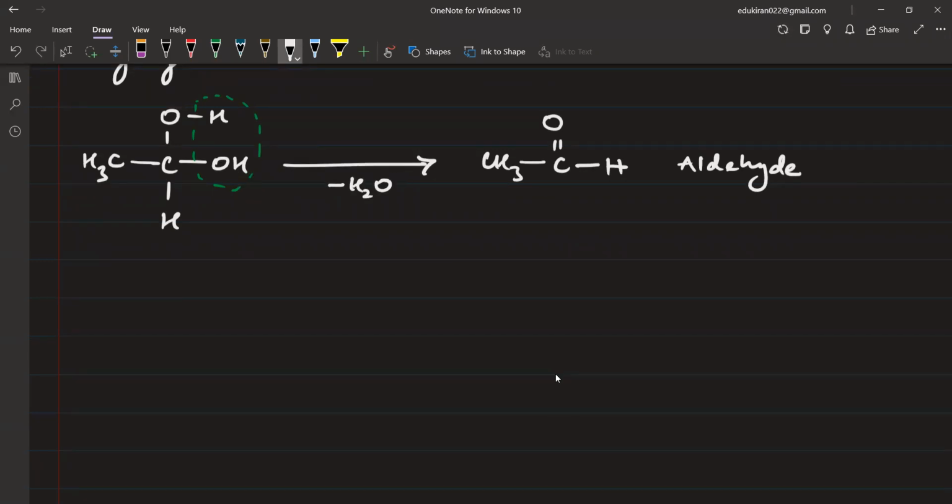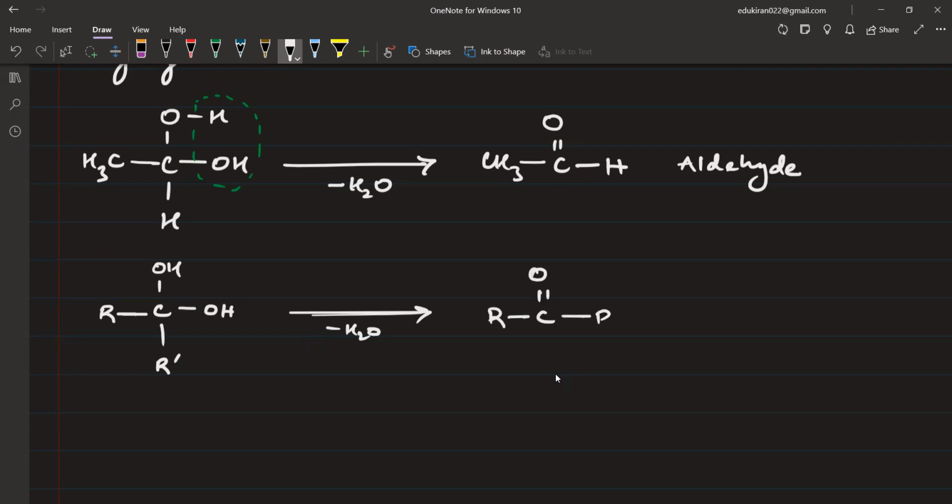Once you have two OH groups on one carbon atom, water is going to leave. Now if I have, for example, a carbon atom with one OH here, another OH here, and some R and R dash groups, here also water will leave and we will get R, carbon double bond O, and R dash.